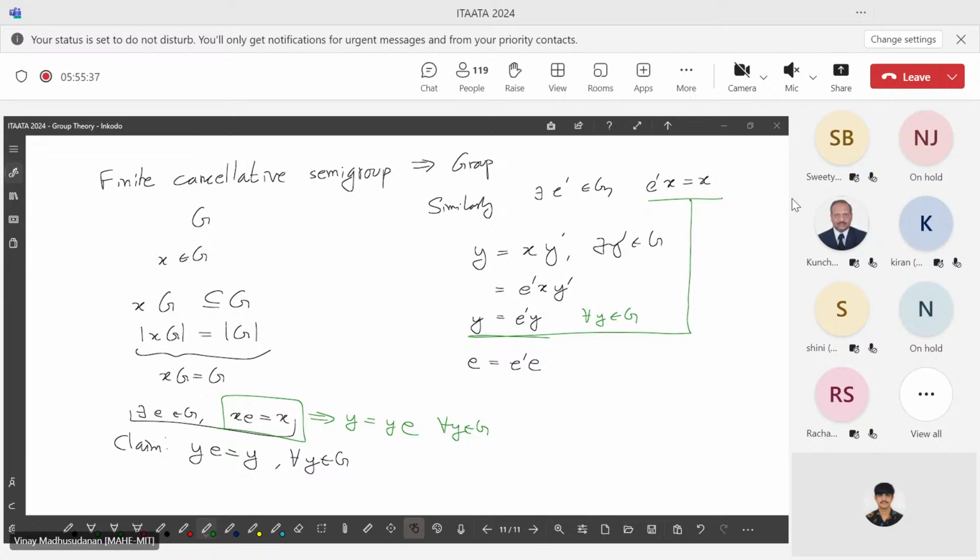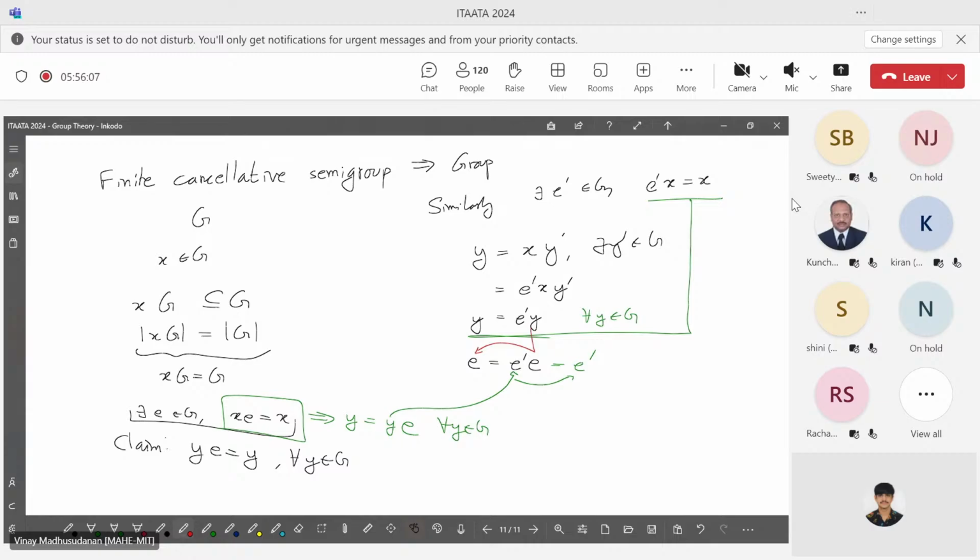Because this is true for y equal to E prime, and that is true for y equal to E. So here you can take y equal to E prime. That gives you E prime times E is equal to, and the other one, you can take y equal to E. That gives you this side.